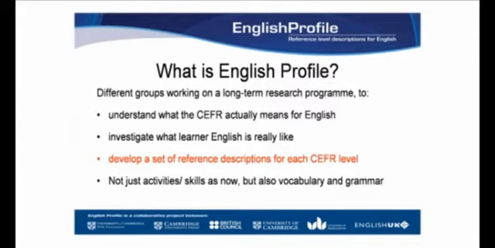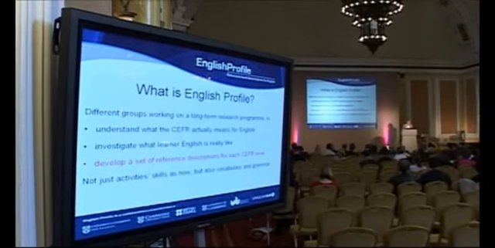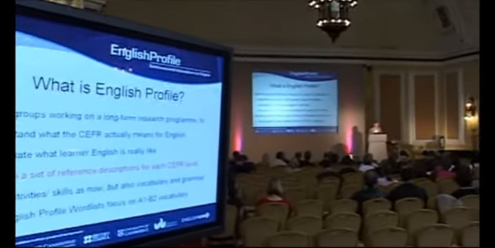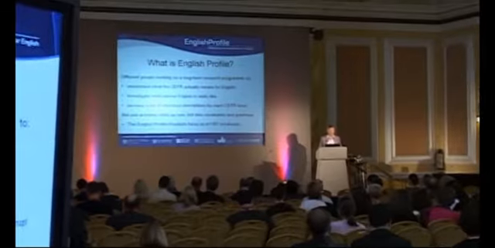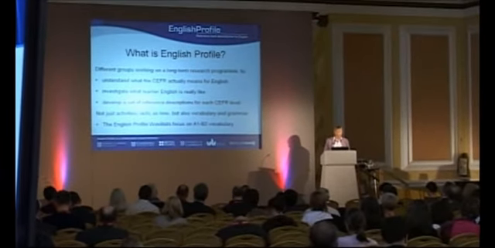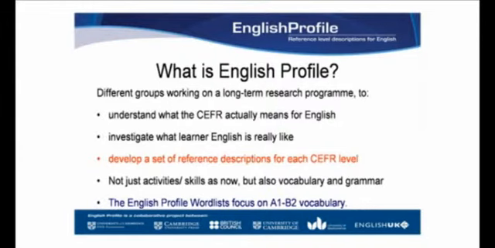We're not just thinking in terms of language skills, reading, writing, listening, speaking, but also trying to look at vocabulary and at structure, at grammar. And what I'm doing is a big enough job in itself because I'm looking at the first 4 levels of vocabulary. So I'm looking at vocabulary from A1 through to B2.